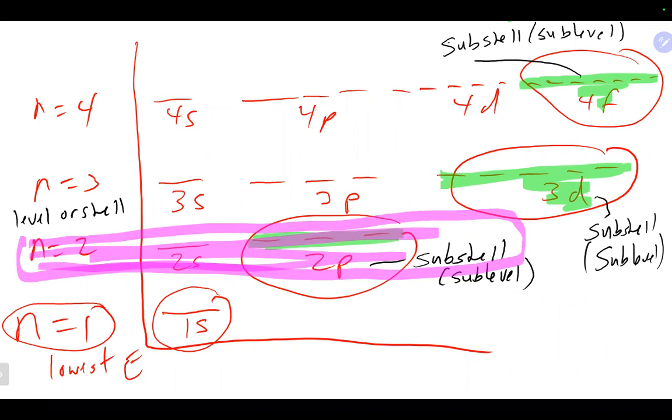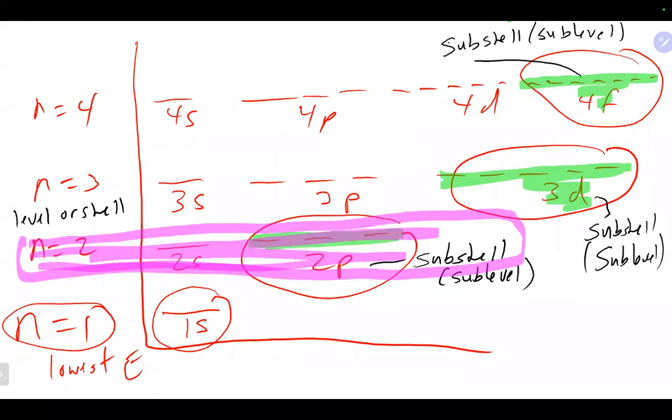So when somebody asks how many maximum electrons you could put on the n equals 2 level or shell, it would be a grand total of 8, because you could put 2 in the 2s and 6 in the 2p subshell for a grand total of 8 electrons.